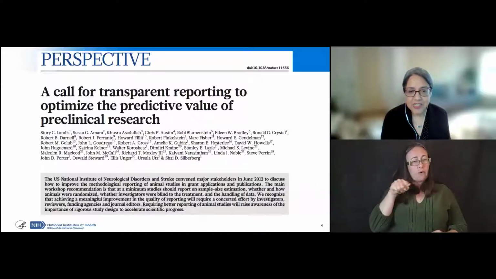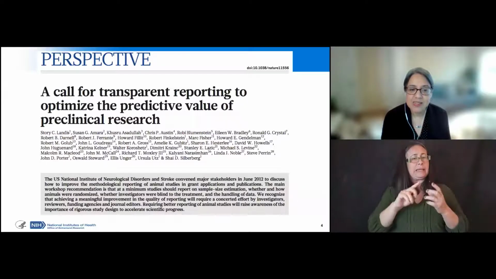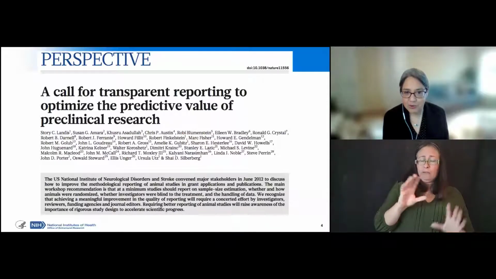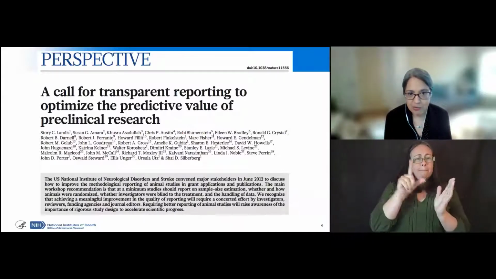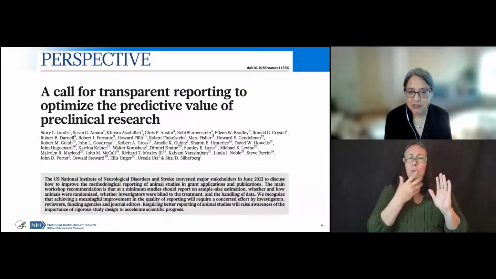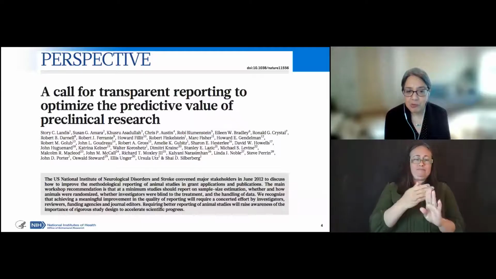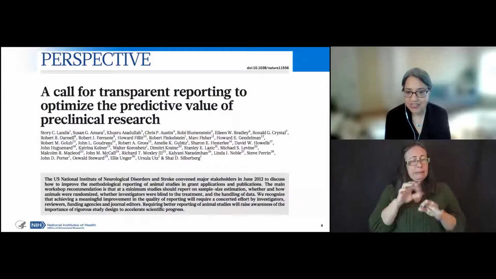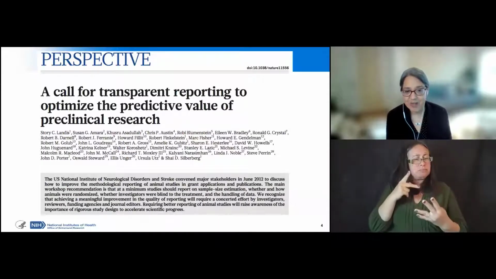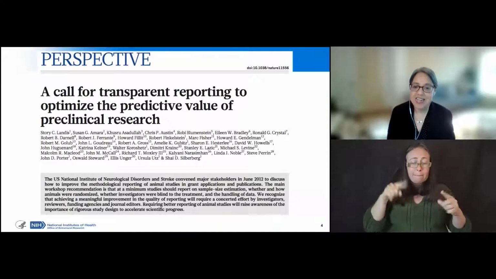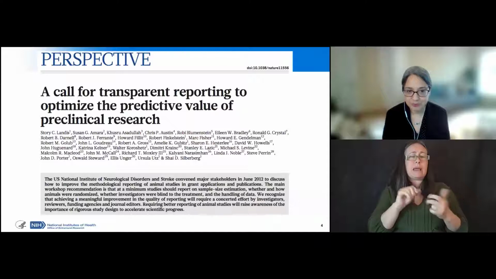So there were some issues there. And so in response, in 2012, they got a group together and published an article which is basically a call for transparent reporting to optimize the predictive value of preclinical research. It really outlines the need to be transparent when you report preclinical work, including information on whether the animals were randomized, whether there was blinding, and how the data were handled.